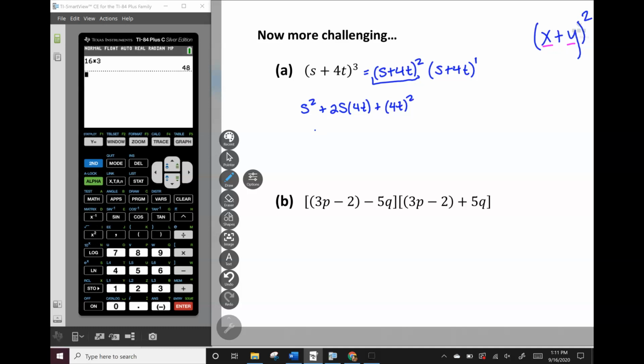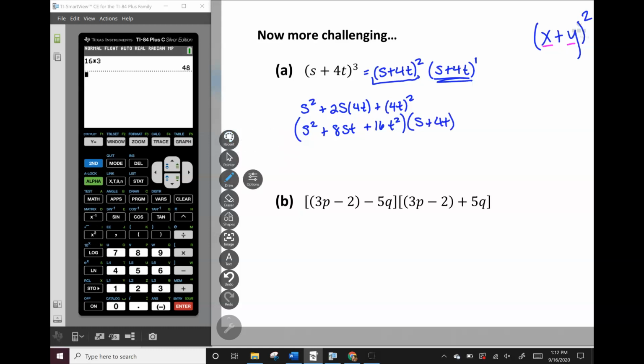Okay, so let me simplify that. s squared plus 8st plus 16t squared. Okay, now we want to multiply that by this second binomial, s plus 4t.